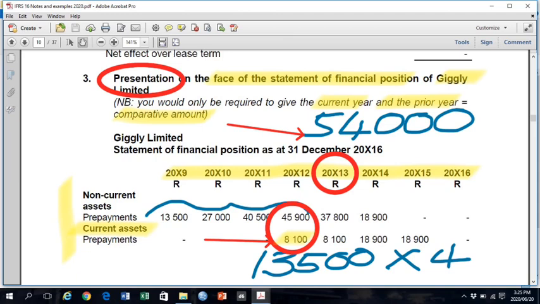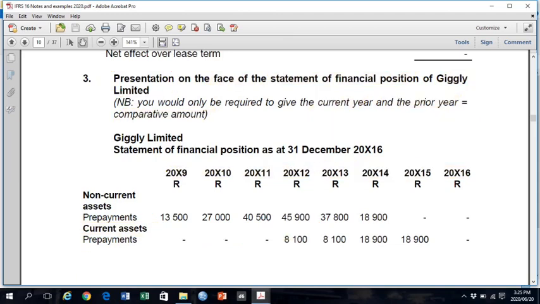If we look at the end of 20x15, the full balance on this account is 18,900 Rand. All of it is now presented as a current asset because in year 8, the remaining balance on my prepaid will utilize in full.